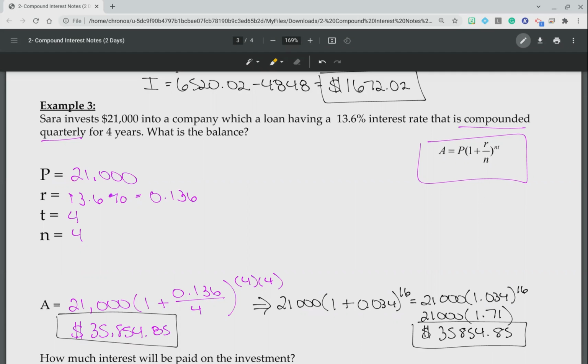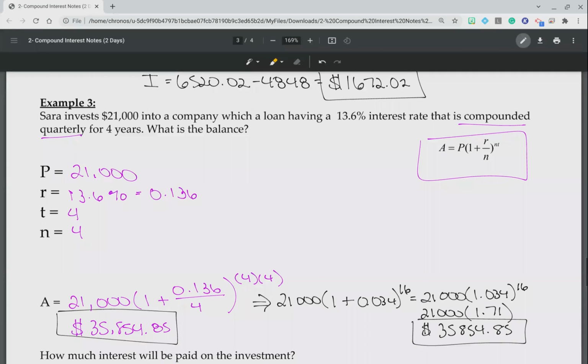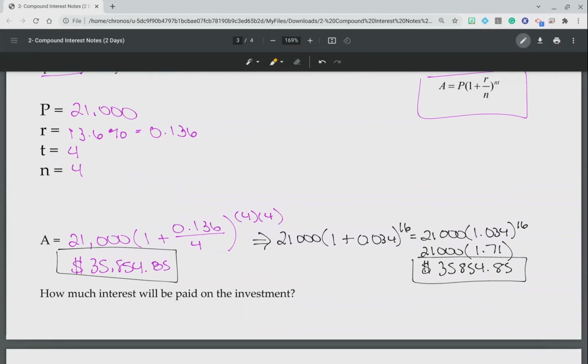Again, if you don't have a graphing calculator, it's just going to take a few more steps. So how much interest did we pay? Well, I'm going to take A, which is $35,854.85, and subtract my principal.